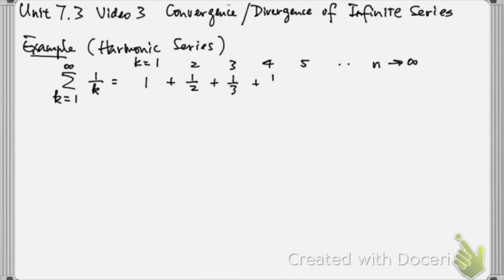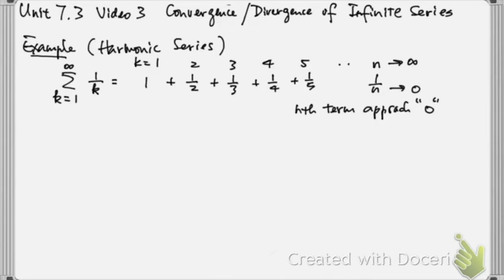When k is equal to 4, it is 1/4, plus 1/5. And the nth term is 1 over n. And as we see, when n approaches infinity, 1 over n approaches 0, right? So therefore, in this case, the nth term indeed approaches 0.